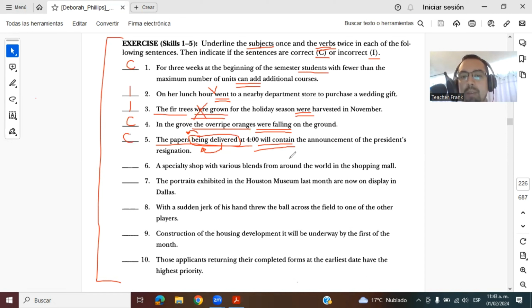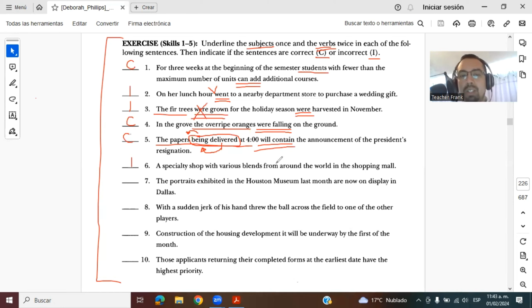A specialty shop with various blends from around the world in the shopping mall. What? Well, what's happening here? We just have a bunch of nouns: shop, blends, the world, the mall, but there is no verb, right? So we don't know what's happening. It's incorrect.